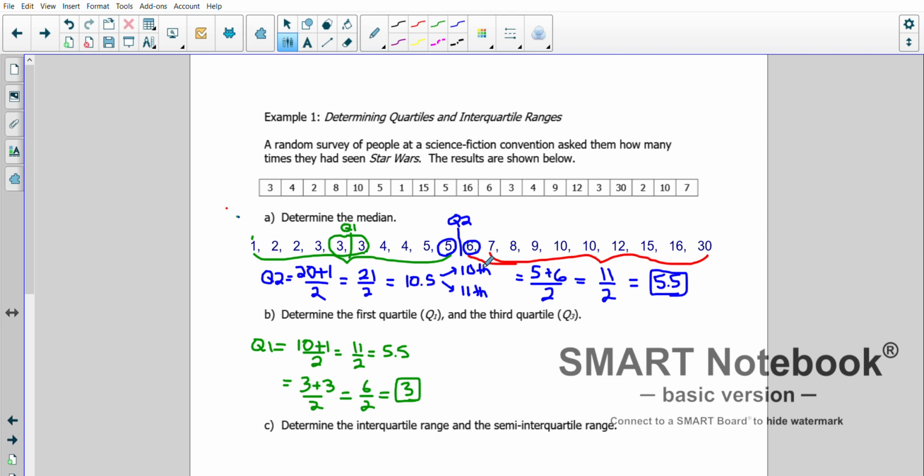So really what you're looking for is 10 plus the 5th and the 6th. You're looking for the 15th and 16th of the total data set, or the 5th and the 6th of just the second half of the data. So 1, 2, 3, 4, 5, and 6 would be these two. So Q3 is right here.